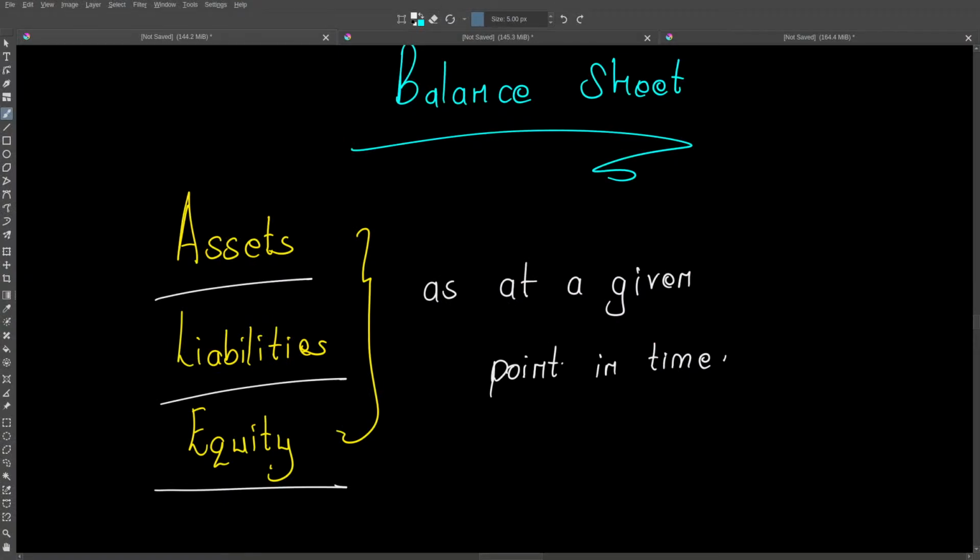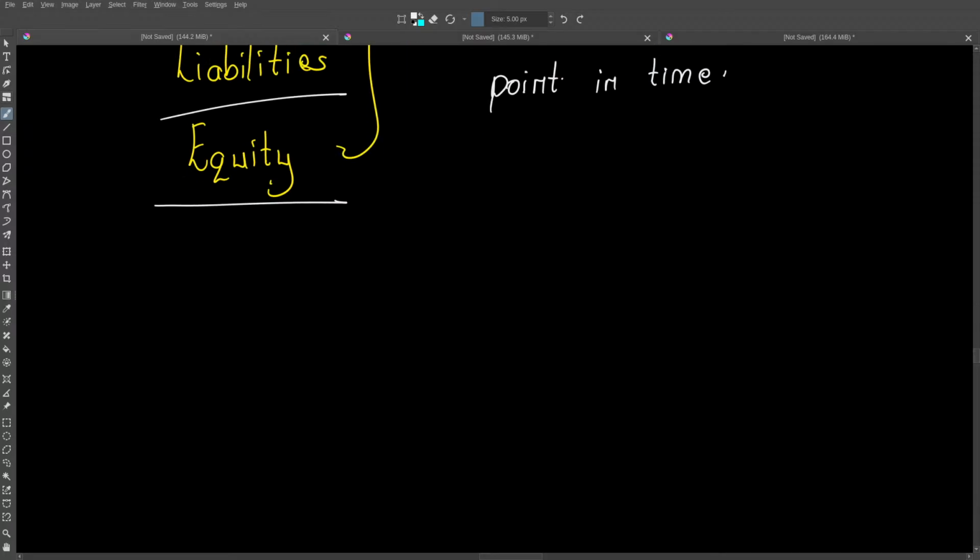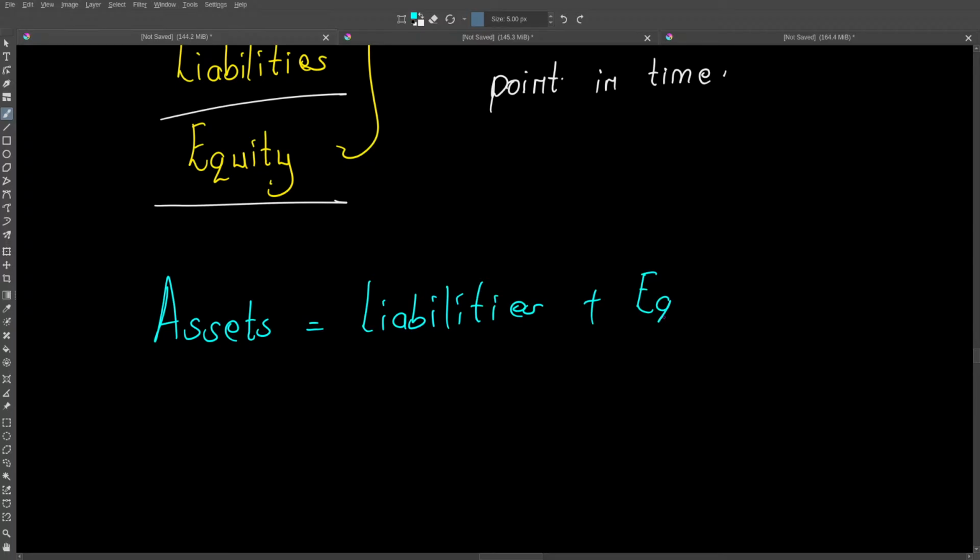Then you will come to understand the statement of financial position. Always the assets will be equal to the liabilities plus the equity. Recall the accounting equation: the assets of a business are equal to the liabilities plus equity of that business.